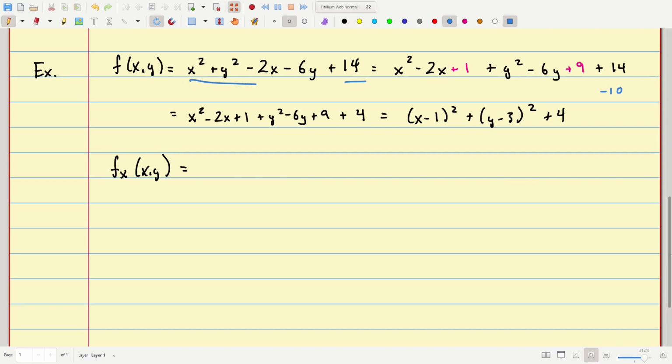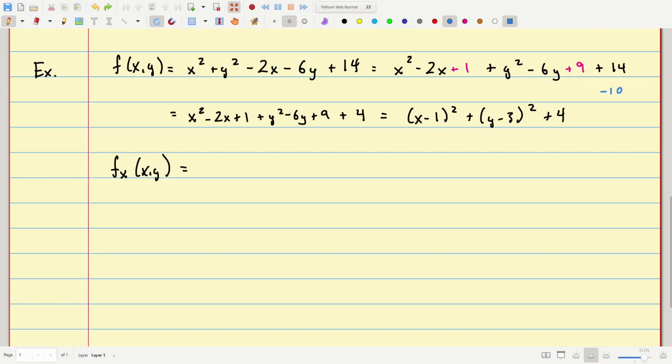It's, of course, easier to differentiate the expanded polynomial. But get used to, when you see an algebraic expression, asking is there a way that I can tinker with this, right? Because this is actually also really easy to compute the partial derivatives of.